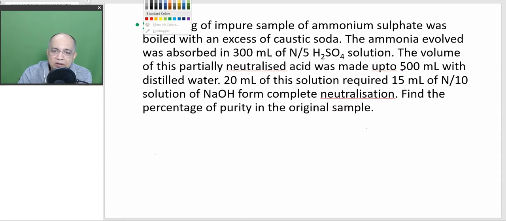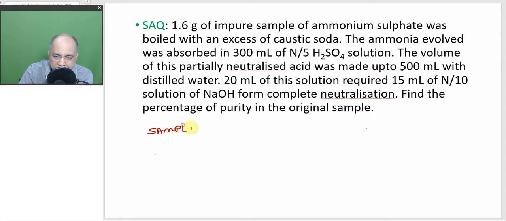Now the first thing we have to do, sketch out: this is the sample, the ammonium sulfate sample, and that is 1.6 gram. Then we added excess NaOH and heated. This volume is not required.